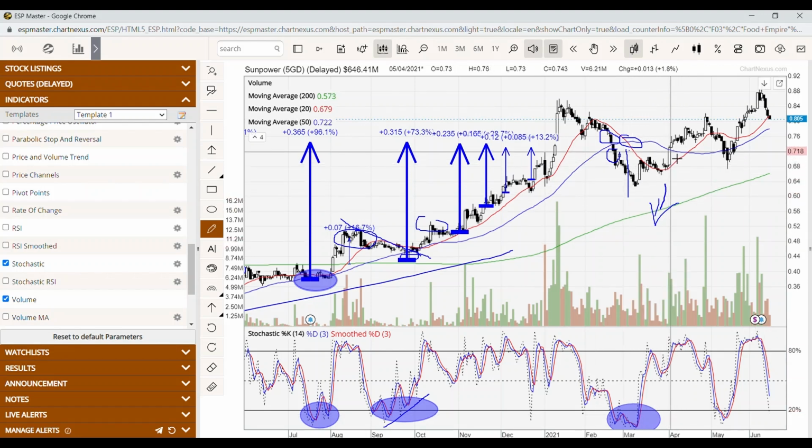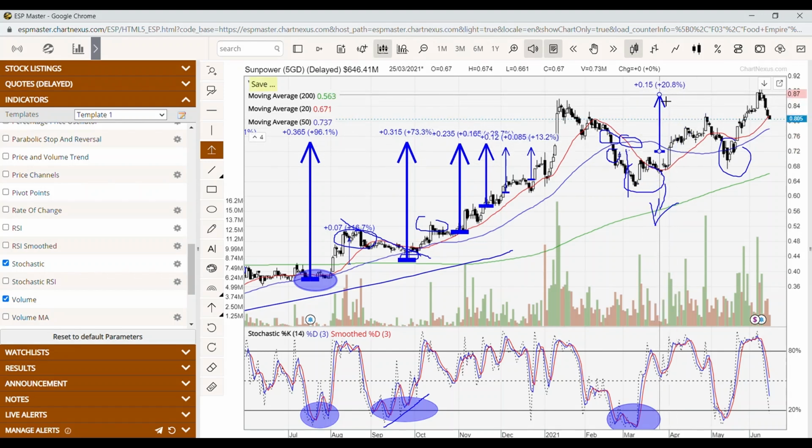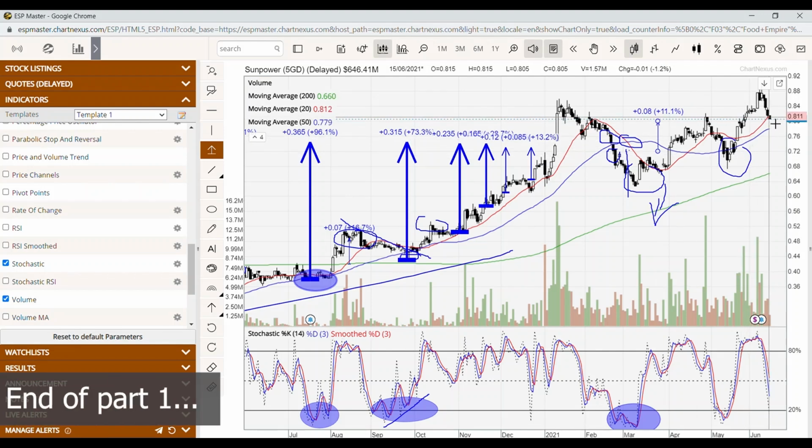Opportunity comes in, a dip, you buy, dip, you buy. Okay, up until today, which is 15 June, another 20% just in one counter.